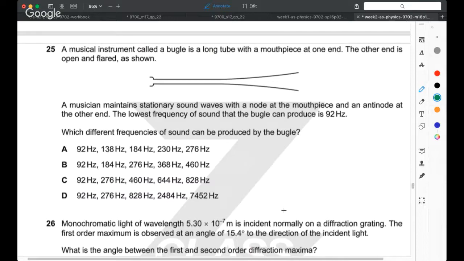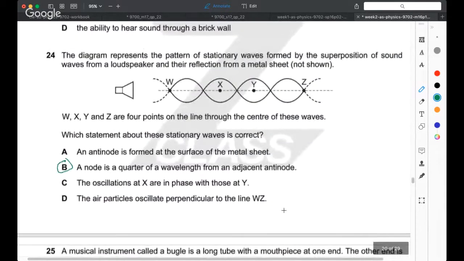This is a weird question. It's still the same thing. But I don't know exactly which one it would be.